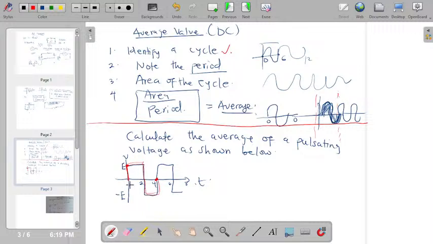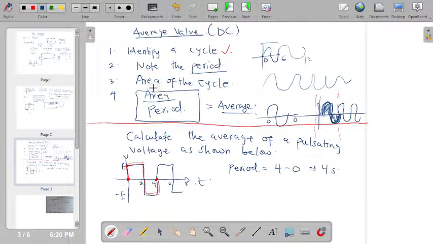When am I starting again? I'm starting at 4, right? So the period is simply equal to 4 minus 0, and that is equal to 4 seconds, right? So now we have our period, we have our cycle.